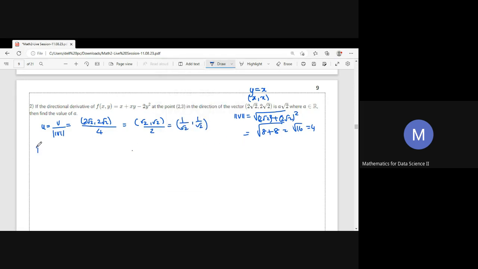Now what is the directional derivative of this function f along u at the point (2, 3)?